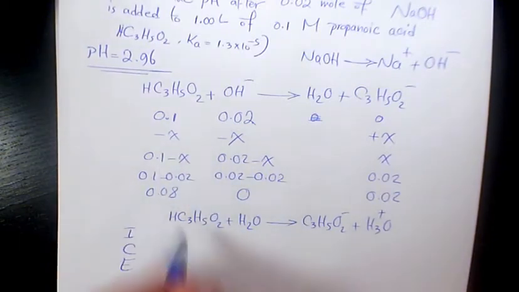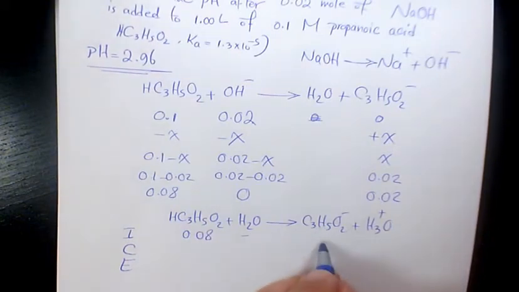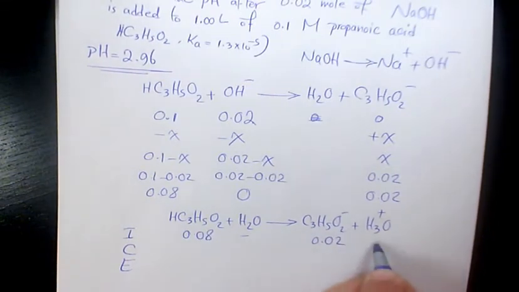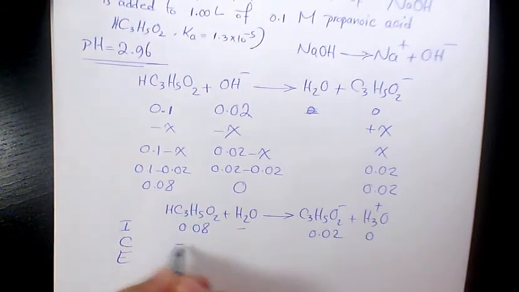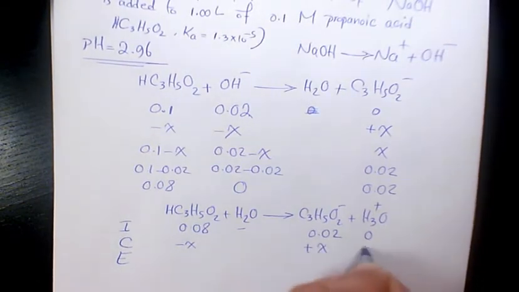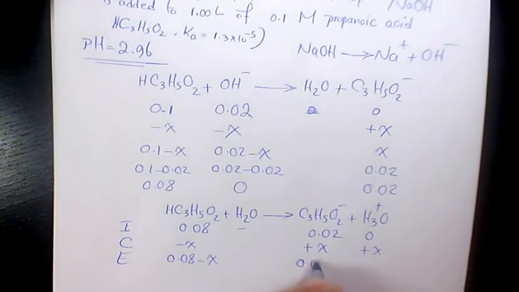After neutralization we have 0.08 acid, here we have 0.02, and here that's approximately 0. Why approximately? Because it's 10 to the power of negative 7. Change is negative x, plus x, plus x, so we have 0.08 minus x, 0.02 plus x, and x.